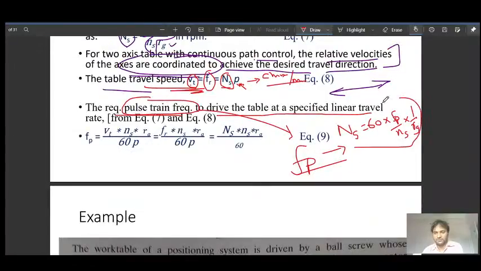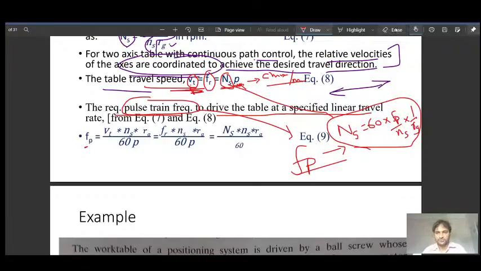We already have this value. If we put in Vt and Ns, we will get Fp into 60.